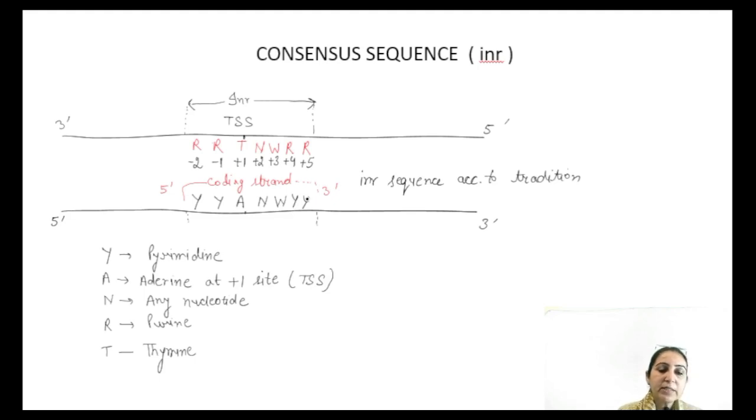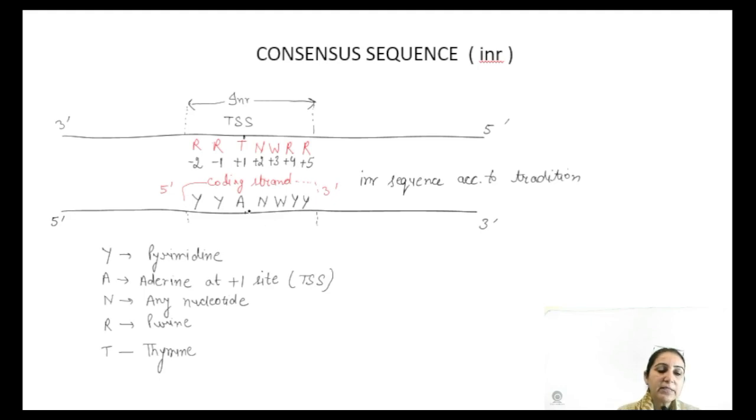Y is the pyrimidines. So, what is the sequence of nucleotides in the INR consensus sequence? First is the pyrimidine, then adenine, then there can be any nucleotide, then here will be either A or T, and here can be any pyrimidine.